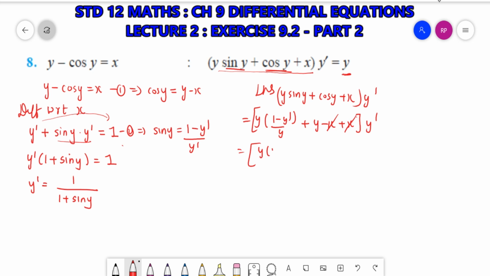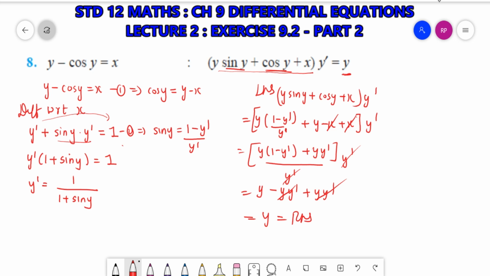Y into 1 minus y dash plus y into y dash upon y dash into y dash. Y dash gets cancelled. Now let's multiply: y into 1, y minus y into y dash plus y into y dash. So this will get cancelled, equal to y, and that is equal to RHS.